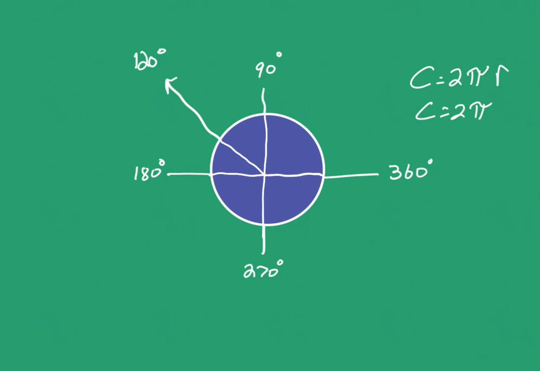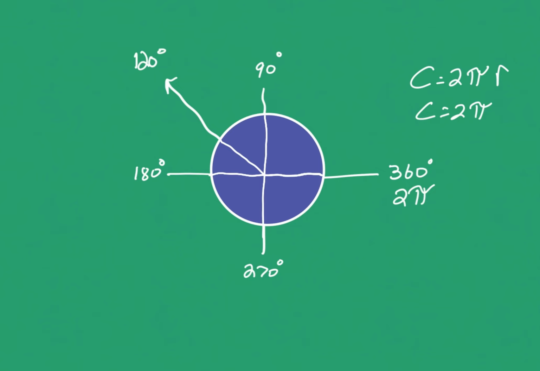So the whole distance around a circle is going to be 2 pi radians. So instead of 360, we could also say that that's 2 pi radians. And again, that's talking about the circumference around that unit circle. So we could put a 2 pi there.